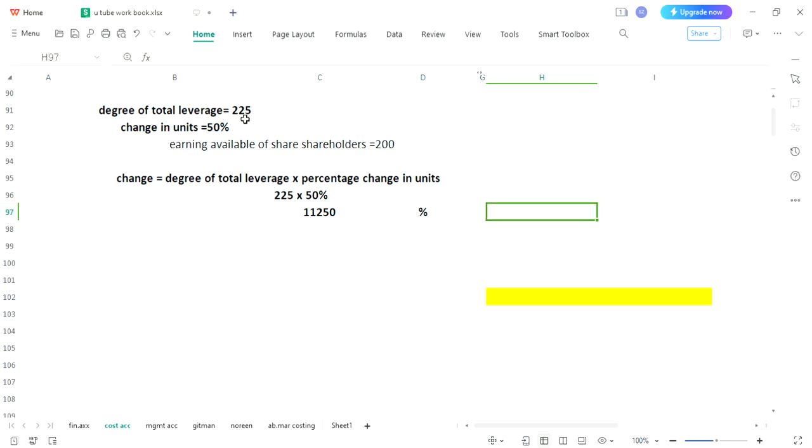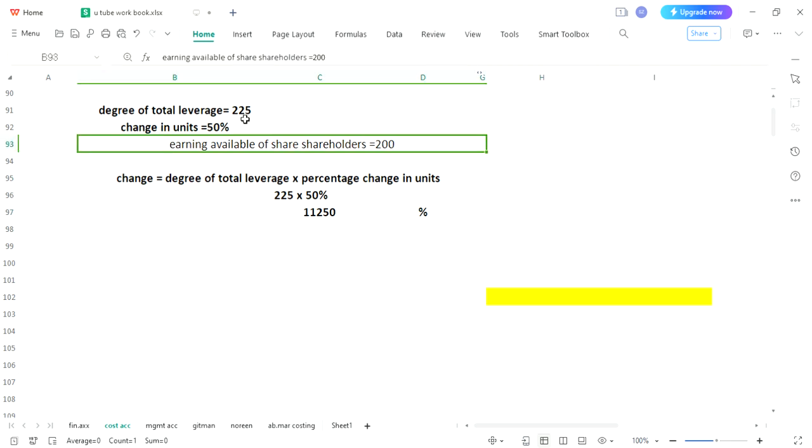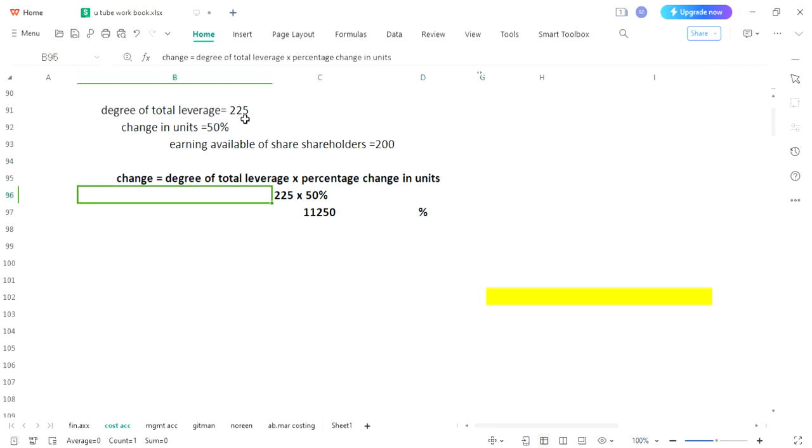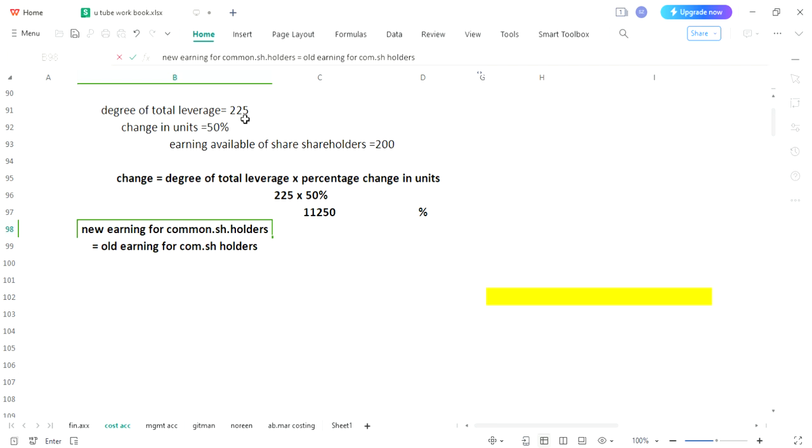Percentage change is 11,250. We have also mentioned over here that earning available for common shareholders was 200. So new earning for common shareholders, let's save a little space. You will calculate by old earning for common shareholders, old earning, and that would be multiplied by the change.